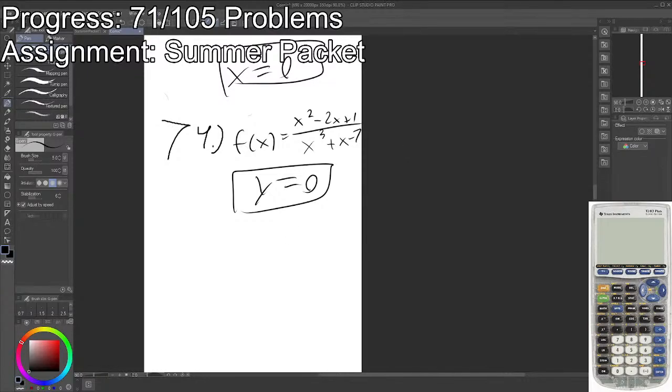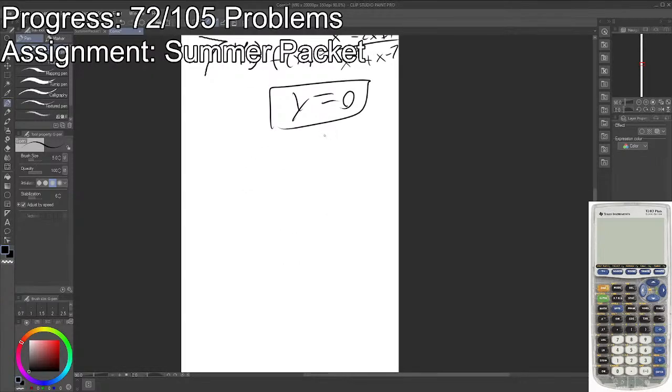So that's another one done. $75. Let's go. This is in standard form, or the top one, the numerator is. Gotta rewrite the bottom. Same.